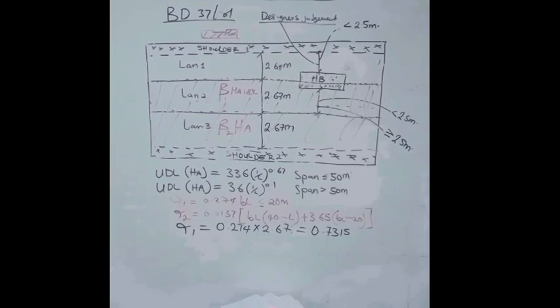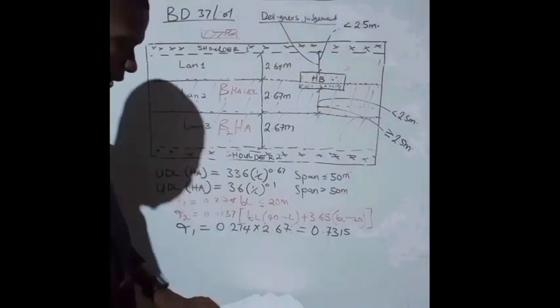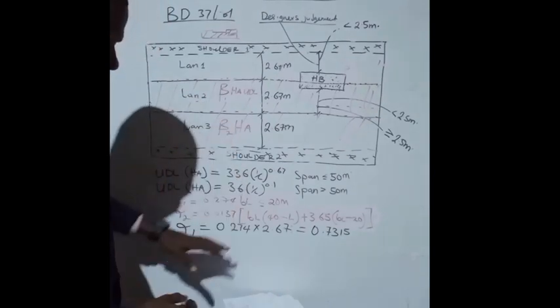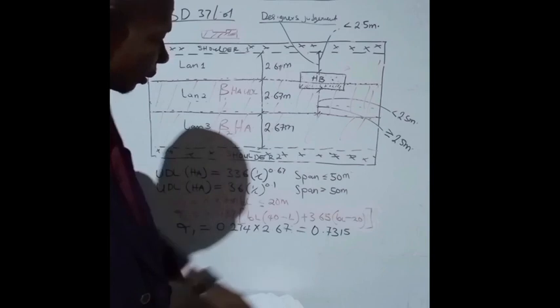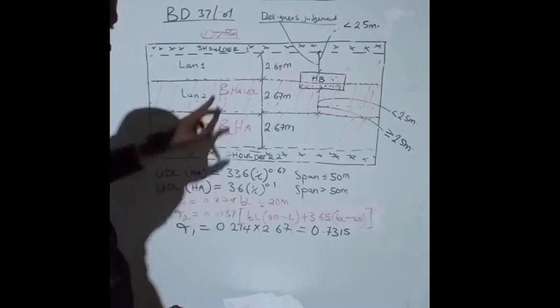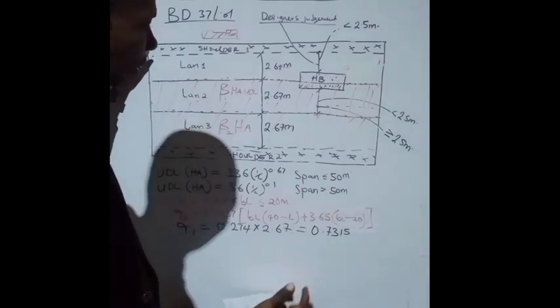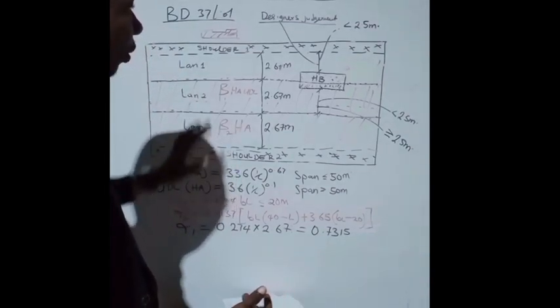All right. So let's get the adjustment factor. The adjustment factor, we're going to have it as 0.731 as the lane adjustment factor for beta 1. But we are going to draw the configuration of the deck, the cross section of the deck.